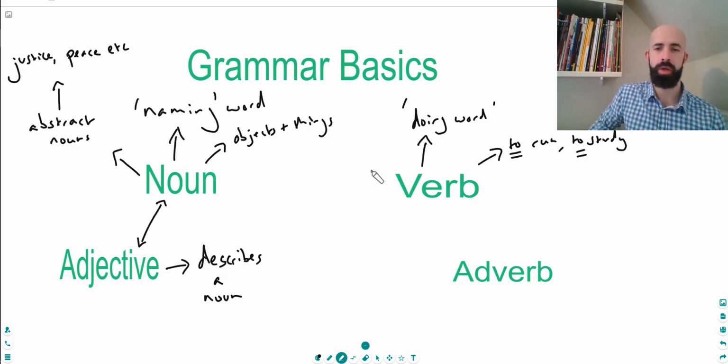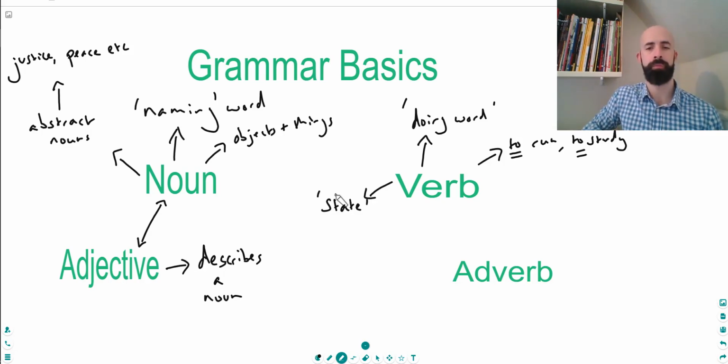Now, as well as these verbs of activity, doing words, we also have verbs of state. There are fewer verbs of state, but some of them are quite common. So, for example, if I say Max is tall, is Max really doing anything in that sentence? He's not doing anything. He just is tall. And the verb in that sentence is the verb to be. He is tall.